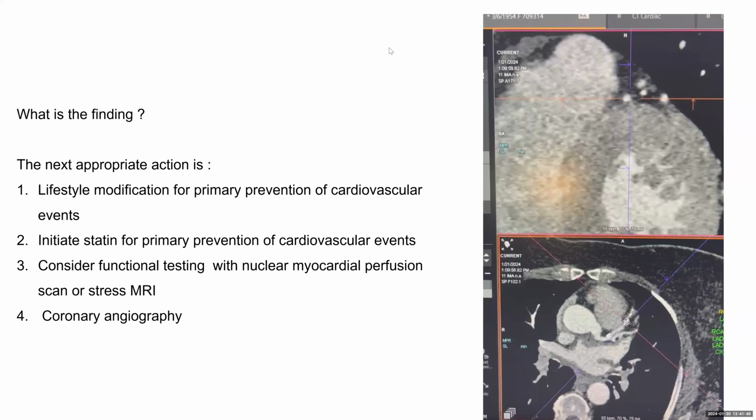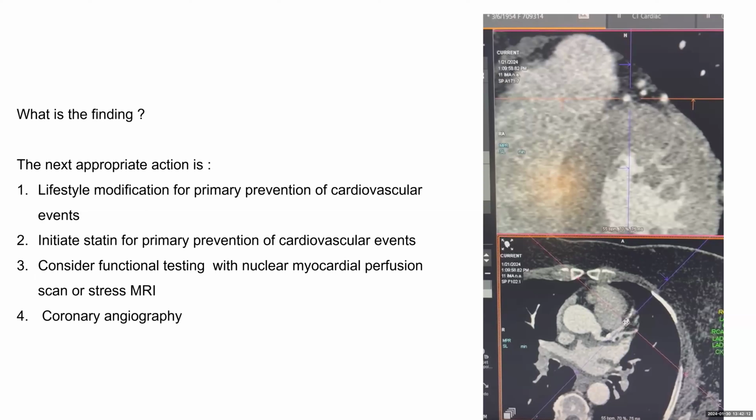Okay, so we get a few people responding between number 3 and number 4. I think the most appropriate action is probably 3, which is going to clarify whether these symptoms are of a mixed nature.